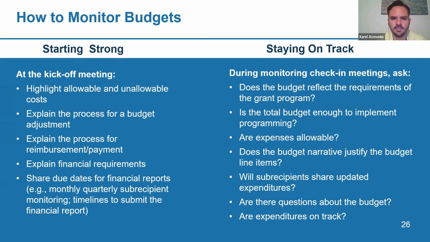Is the total budget enough to implement programming? Like we said, we may have planned, and then reality is not what we thought it was going to be, may not even be close to what we thought it was going to be.